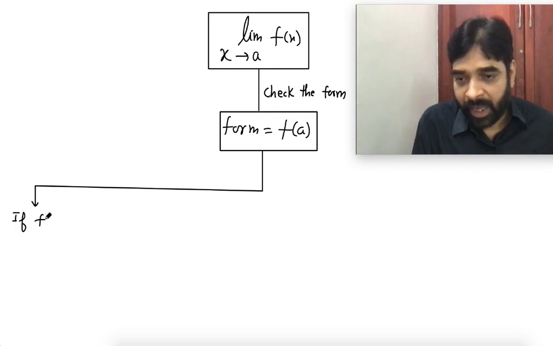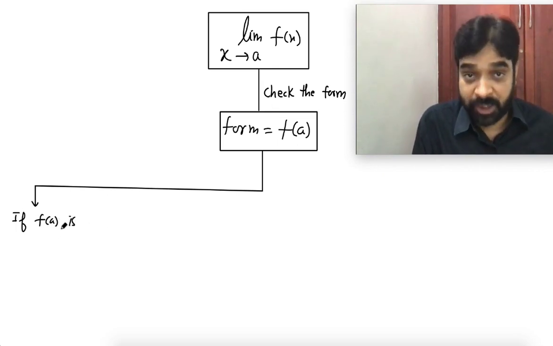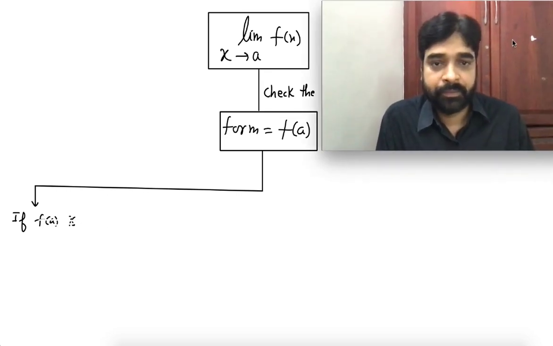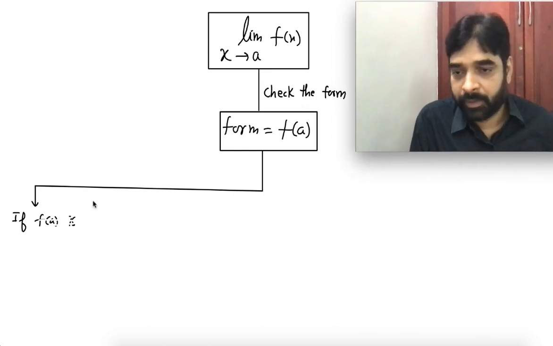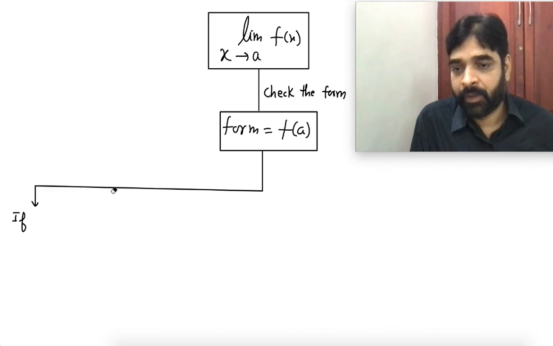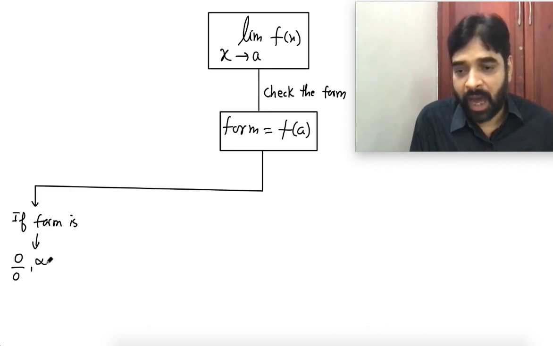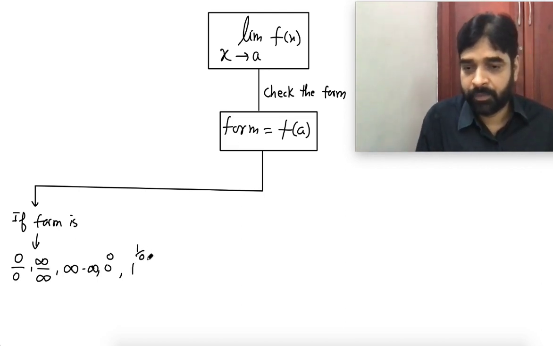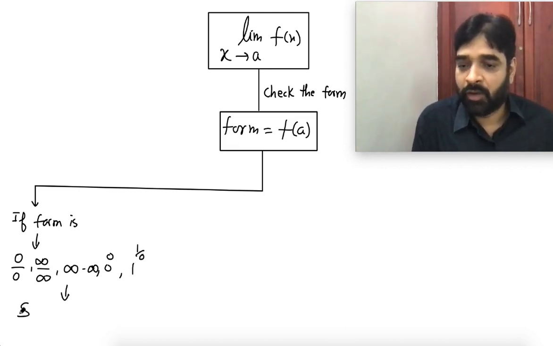If the form is 0 by 0, or infinity by infinity, or infinity minus infinity, or 0 power 0, or 1 power infinity, then solve further.